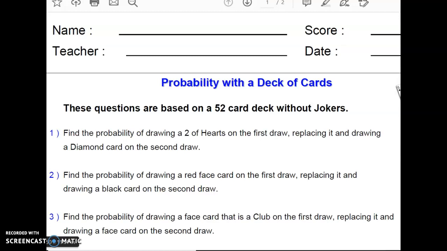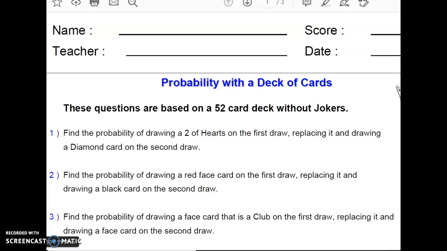Well, the probability of drawing a black card on the second draw would have been 1/2, half the cards in the deck are black, but that's not true anymore. More than half of the cards in the deck are black now, 13 out of 51. So you'd have to get that 13 out of 51 and multiply that by 3 out of 26, and you'd end up with 39 over whatever 26 times 51 is.